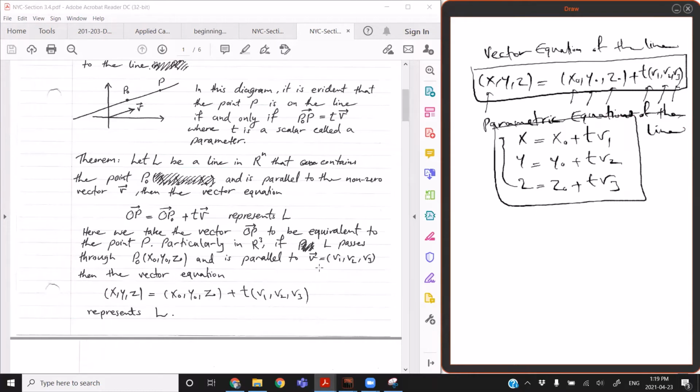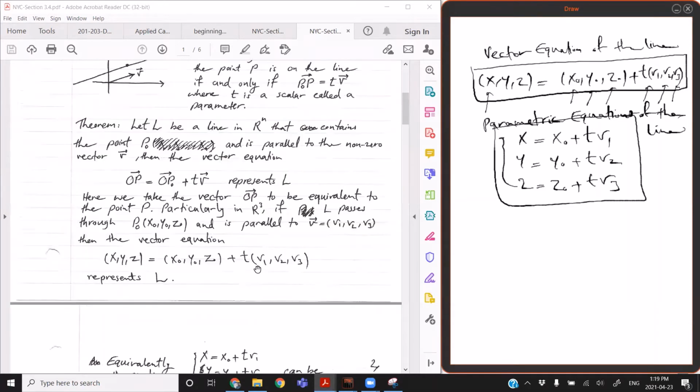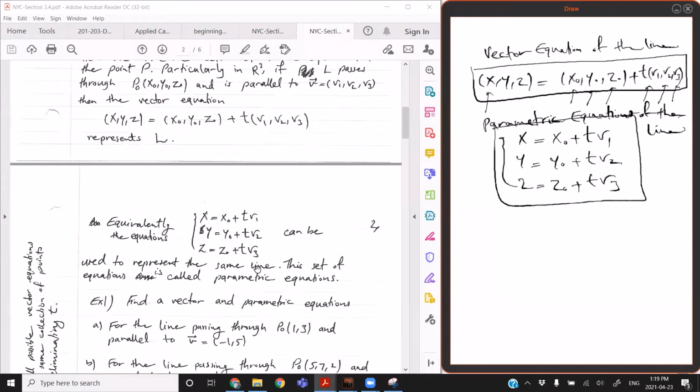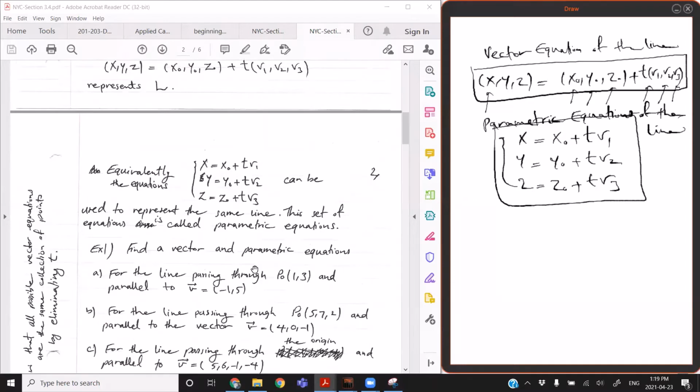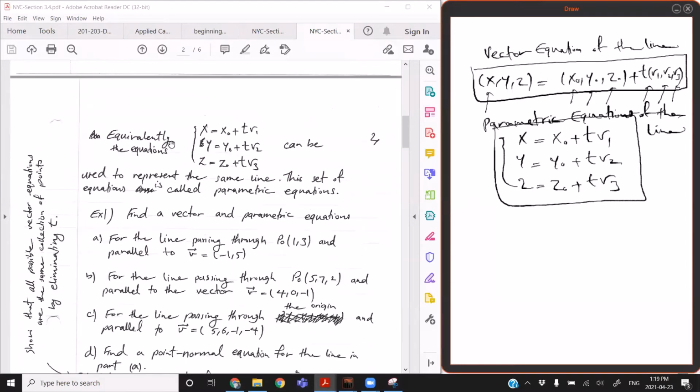So if I give you the vector equation of the line, you can easily write the parametric equations of the line, and vice versa. They're basically the same thing, just two different ways of representing the same line. So equivalently, this set of equations can be used to represent the same line.